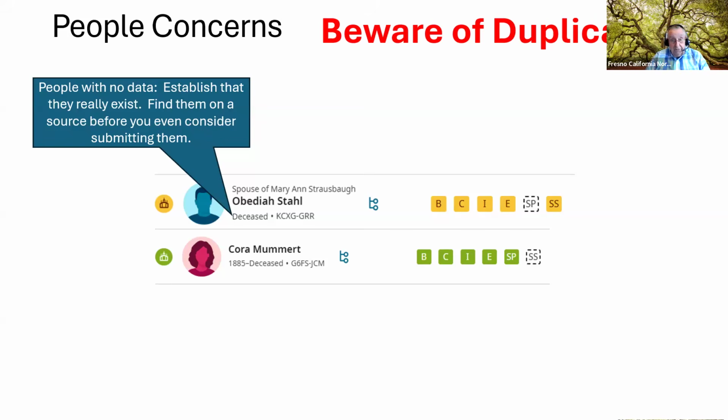But at this point, you're not even sure if he even exists. So verify who the person is. Try to identify him better and understand the basic process. The more information you put on Obadiah, the more people you link to Obadiah, the more likely you are to find hidden duplicates that need to be uncovered.